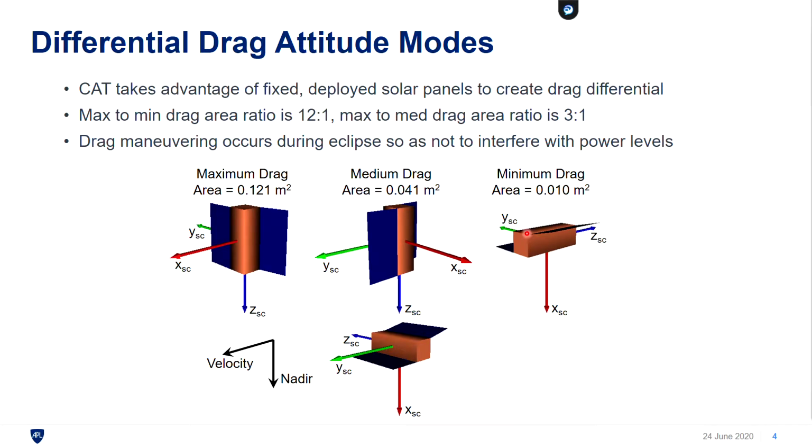This provides a max to min drag area ratio of 12:1, or a max to medium drag area ratio of 3:1. And drag maneuvering only occurs during eclipse, so as not to interfere with power.